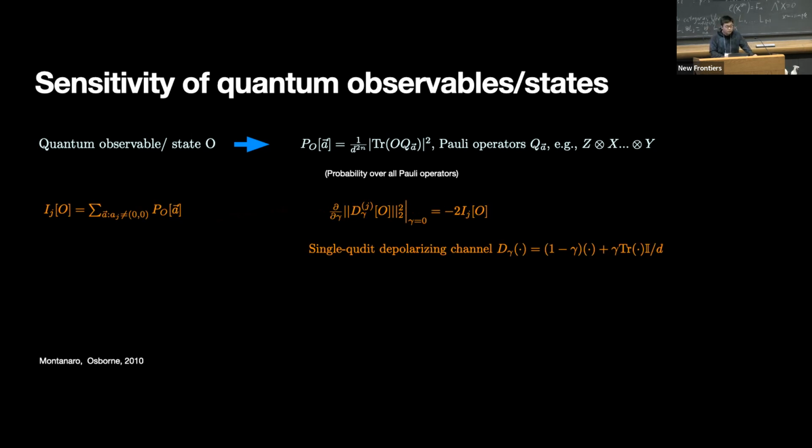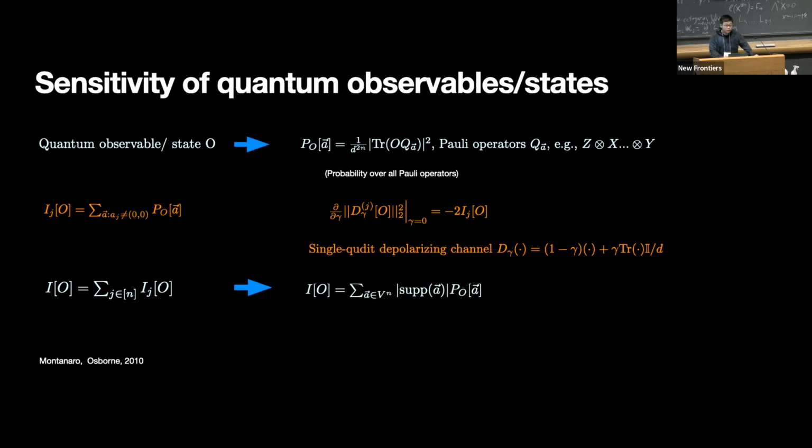And this definition is good because it's equivalent to the Hilbert-Schmidt norm of the operator after the action of a single-qubit depolarizing channel. So it somehow quantifies the sensitivity with respect to the depolarizing channel. And then the total influence is just the summation of the local influence for this quantum definition of sensitivity.